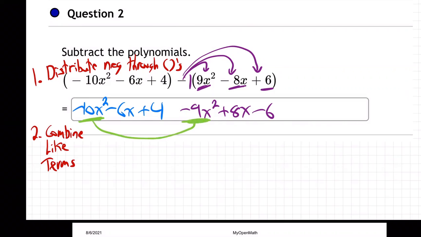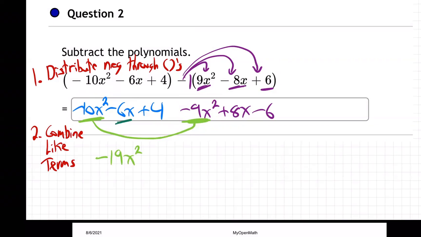Now you might say, well, you just deal with the signs that are in front of them. So think about your bank account. What if you lost 10x squared and then lost 9x squared, right? Negative means lost. If you lost 10, you lost 9, what does that mean to your bank account? You lost 19x squared, right?